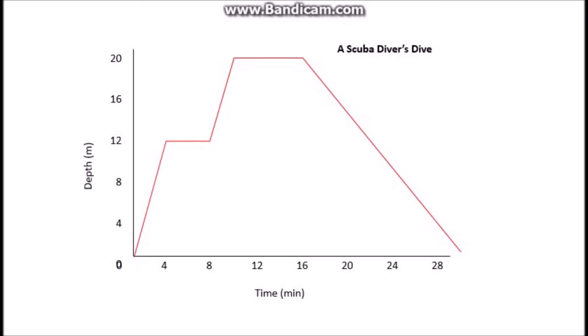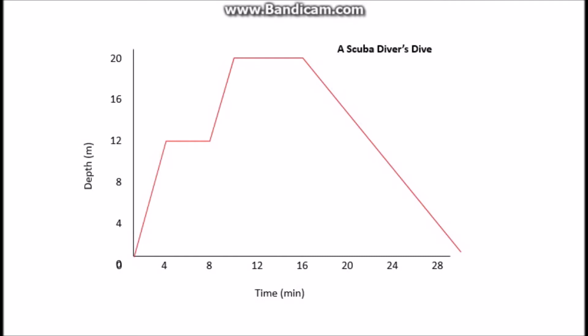So let's work on this line diagram to start with. On the x-axis, that's on the bottom of the graph, we've got our time, which is registered in minutes. And on the y-axis, that is our up and down side, or the vertical axis, that's on the left side here, and that's explaining the depth of the scuba diver in meters.